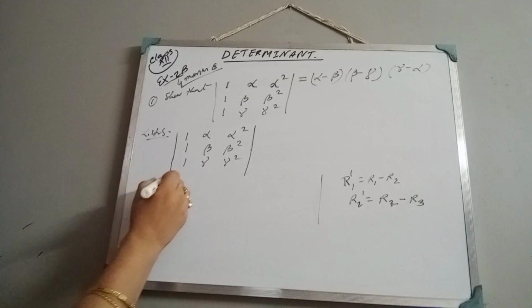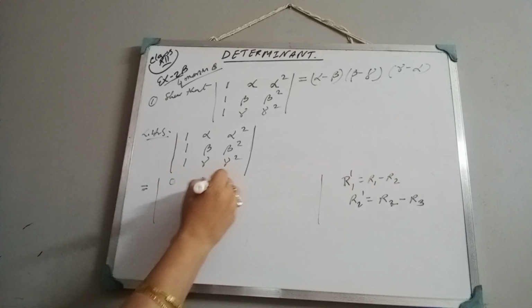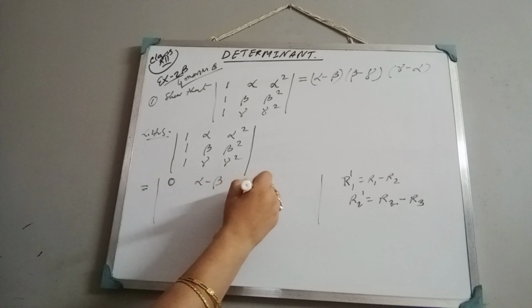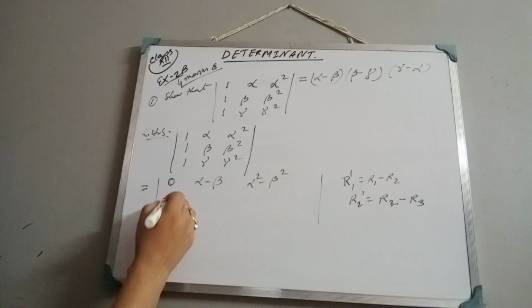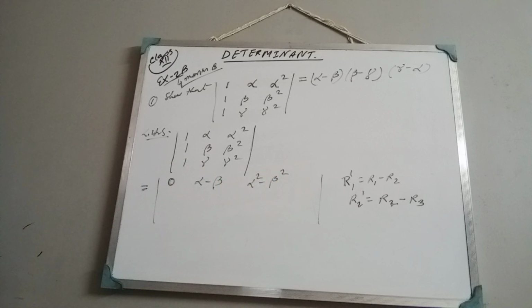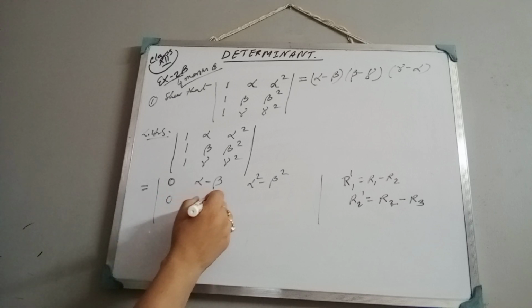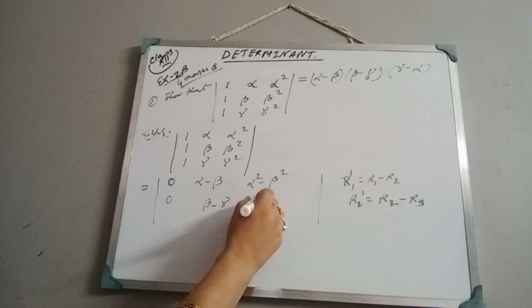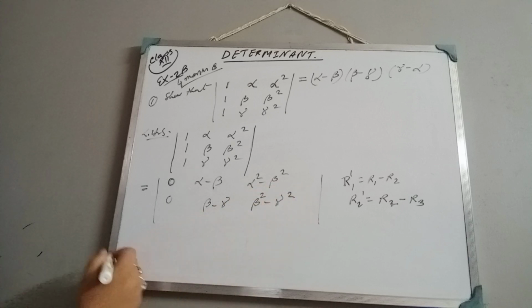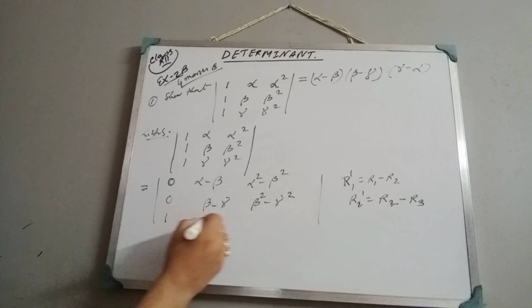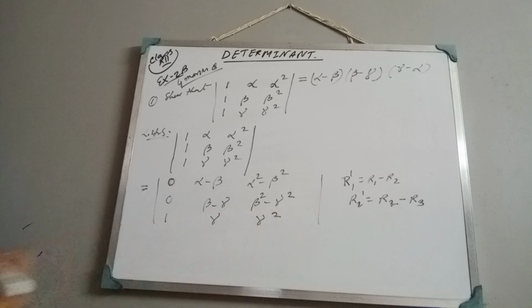R1 minus R2 gives 0, alpha minus beta, alpha square minus beta square. Next, R2 dash means R2 minus R3, so it is 0, beta minus gamma, beta square minus gamma square. The third row stays 1, gamma, gamma square.